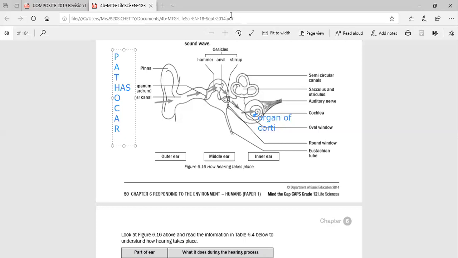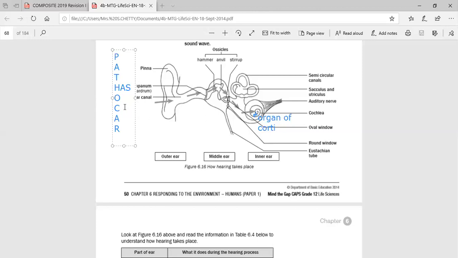So what does it stand for? The pinna traps the sound waves and directs them into the auditory canal, A. The tympanic membrane starts to vibrate, T. The vibrations are passed on to the hammer, anvil, and stirrup, and they start to vibrate. And then the oval window vibrates, transmitting the vibrations into the inner ear, causing the organ of Corti to be stimulated.